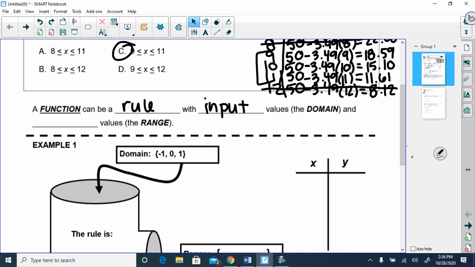And output values, which is going to be our range or our y values. So input is x, output is y.